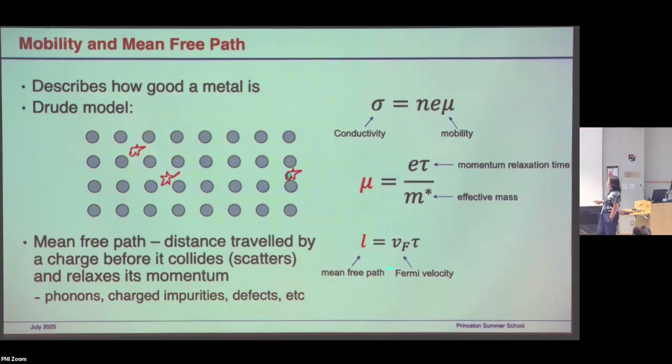And the mean free path is just the Fermi velocity times the momentum relaxation time. So if you have no scatterers at all, the electrons can travel through without scattering, and in this case you have a ballistic regime.